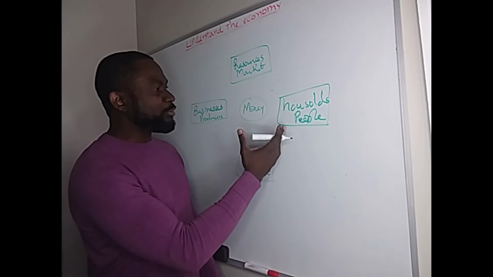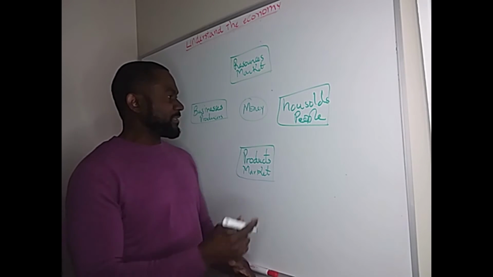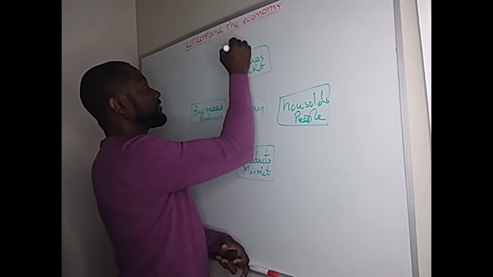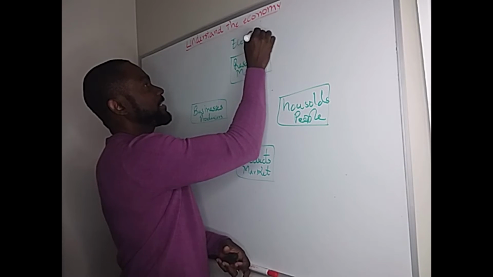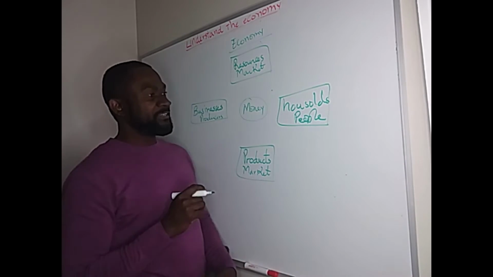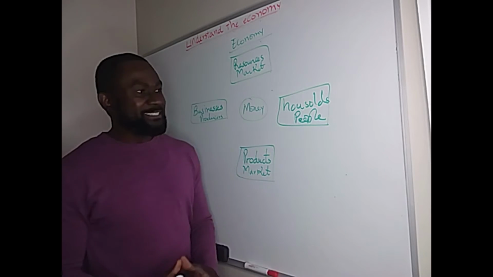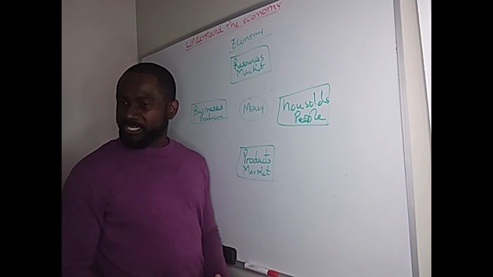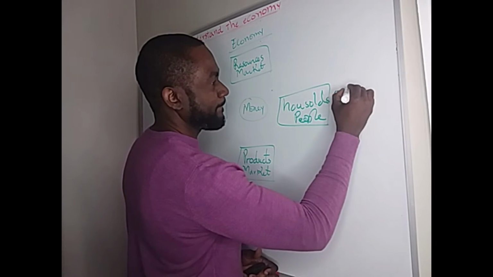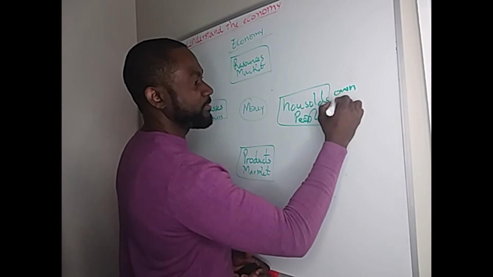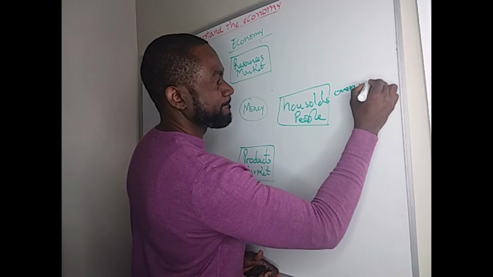So basically, what you see is a model of the economy. Households are important to the economy because they own all the resources.